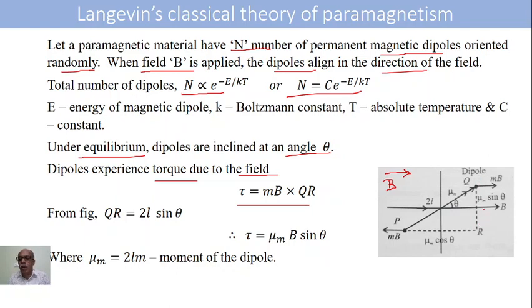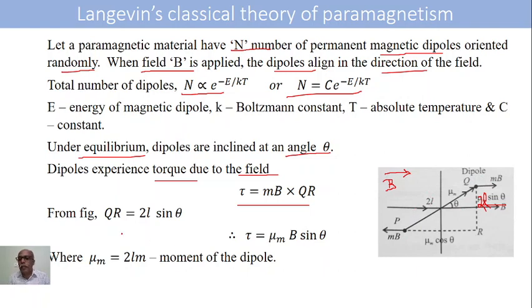QR will be equal to 2l sin theta, where l is the magnetic length of the dipole, PQ equal to 2l, as shown in the figure.